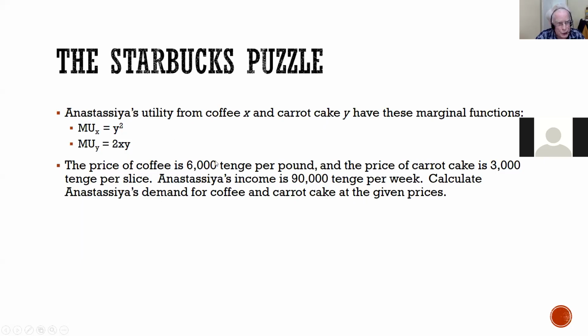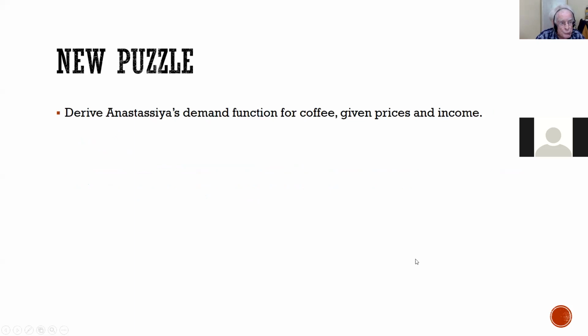Okay, so that solves the problem for the given prices of coffee and carrot cake, and also given Anastasia's income. Now, our next problem is to derive a demand function for coffee for any prices at all that we wish to specify, and any income as well.